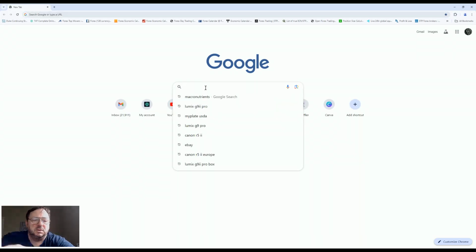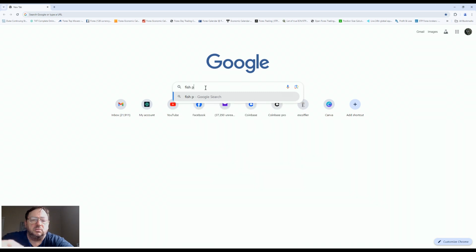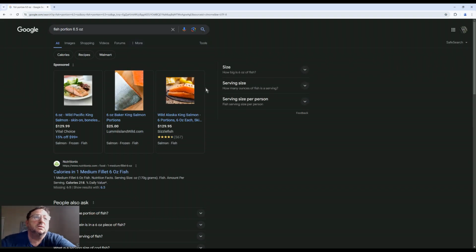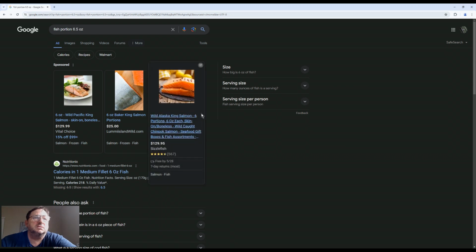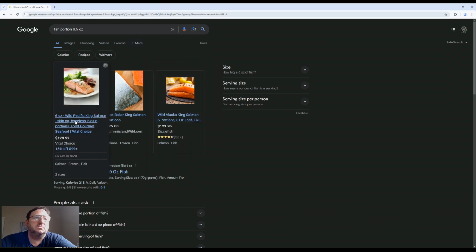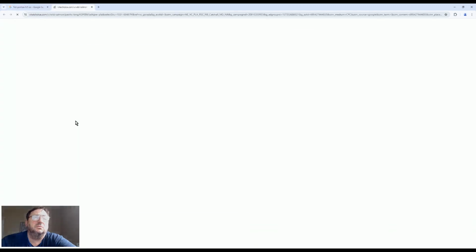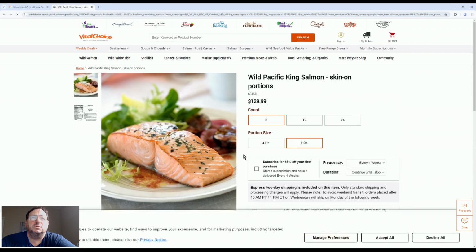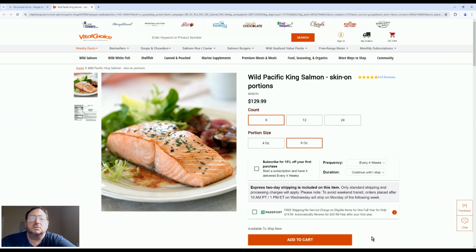So fish portion, 6.5 ounces. Okay, 6. Okay, I found 6. For instance, this one, they have portion 6 ounces, right? I've seen it.